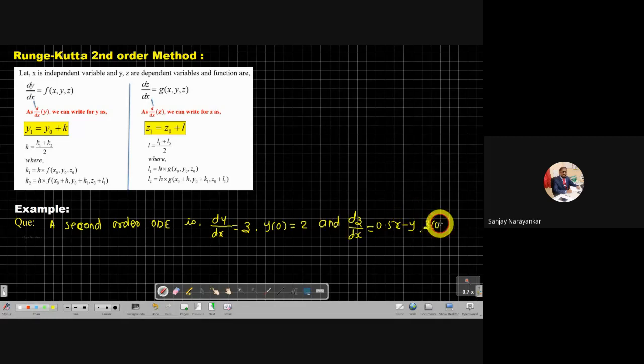And find the value of y and z at x is equal to 0.2. Take h is equal to 0.1. So h is important, student. Second order, fourth order, in both cases, h is important.